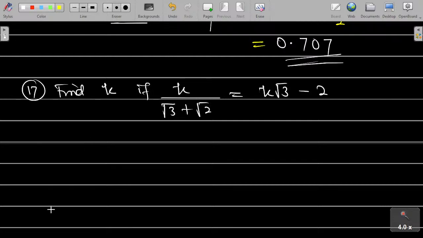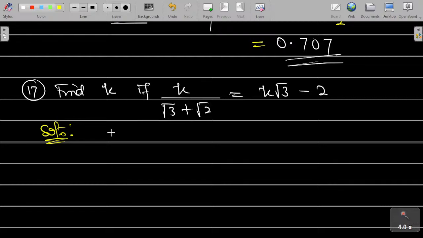To find k, what we are going to do in the solution is simplify the left hand side to be in the form of this right hand side. And how do you achieve that? You will achieve that by rationalizing.